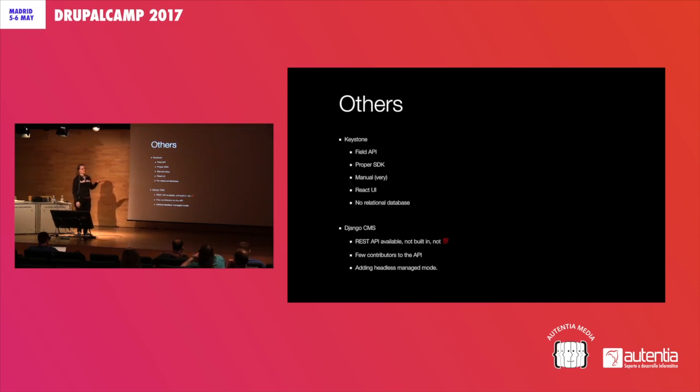But one of the things that is interesting and that is on their roadmap is that they want to add a headless managed mode. So they want to be able to configure everything in Django CMS via a headless interface. So that goes beyond just, you can update your node. It'd be like, you can configure all of your fields through these interfaces.